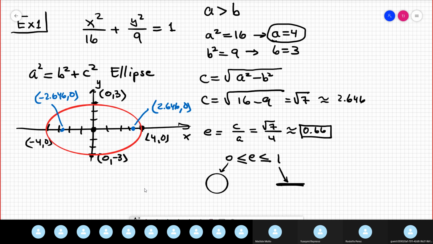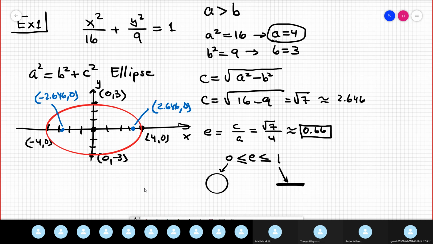We computed before on the whiteboard. Okay, now you classify it like a horizontal ellipse, right? It's horizontal, no? And you click here. Boom! And it gives me all the information I need. The vertices 4,0, negative 4,0.